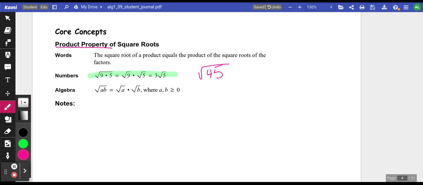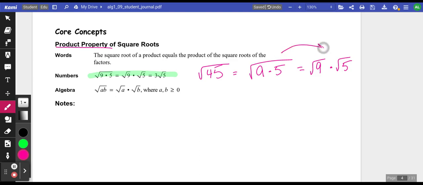Okay, the product property says the square root of 45, well, we know that's the same thing as the square root of 9 times 5. And I know that's the same thing as the square root of 9 times the square root of 5. That's really what the product property is saying.